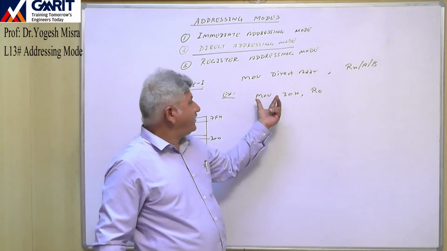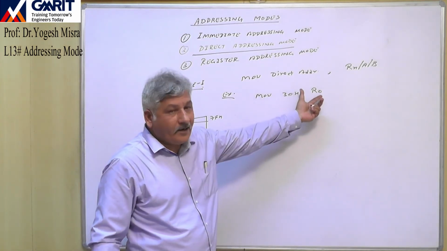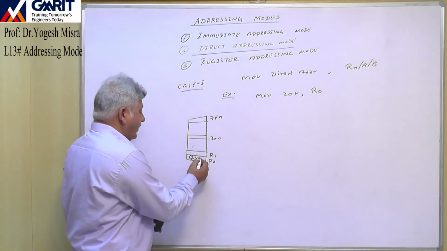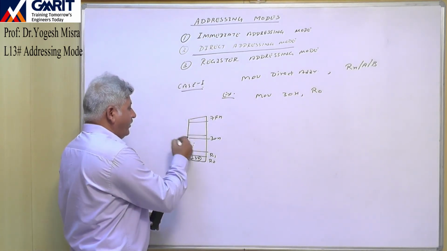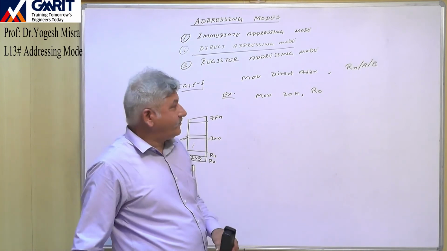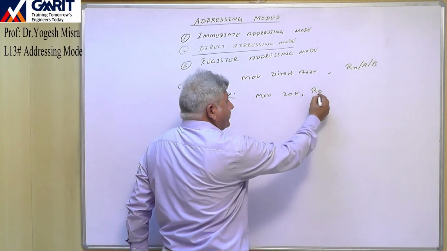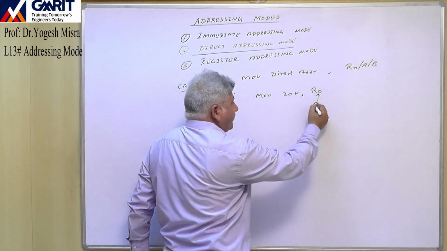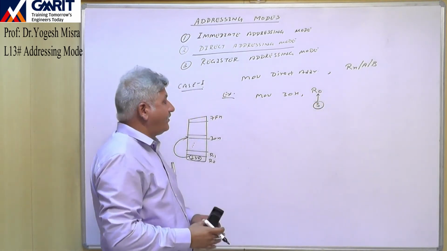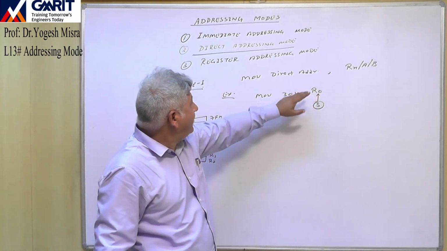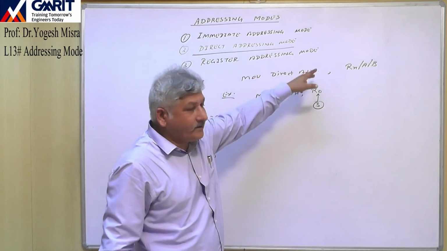So when we write this instruction move 30H, comma, R0, the content of R0, which is 23H, will be moved in 30H address. Now here this is our source, and our source is a register. The data is in register, the operand is in register. That's why it is a part of register addressing mode.